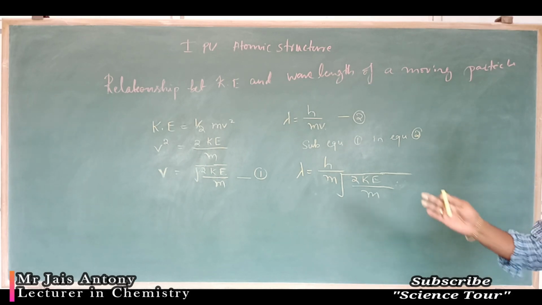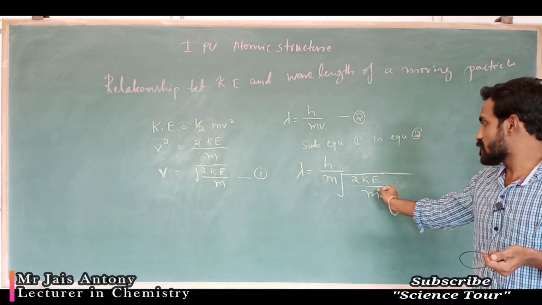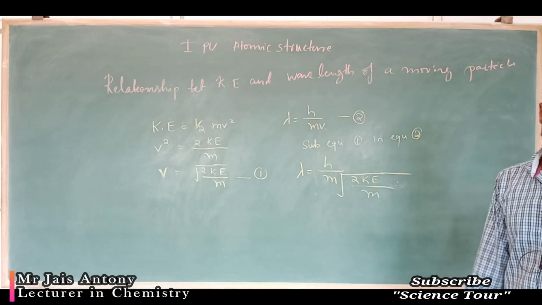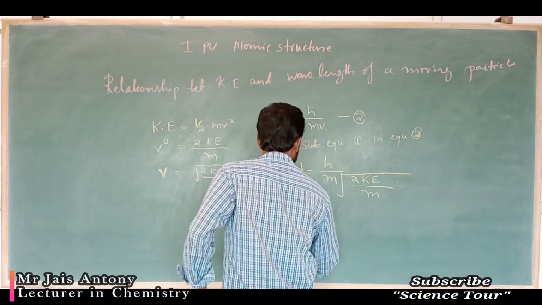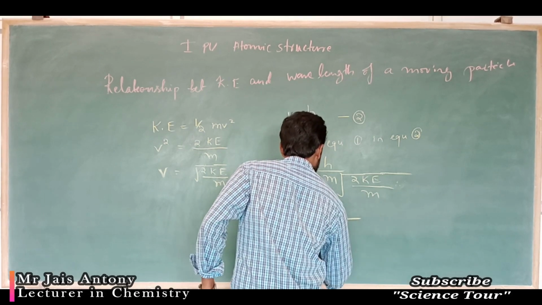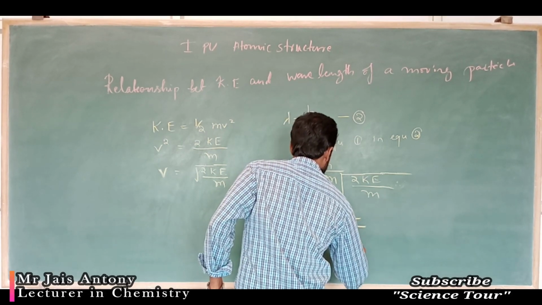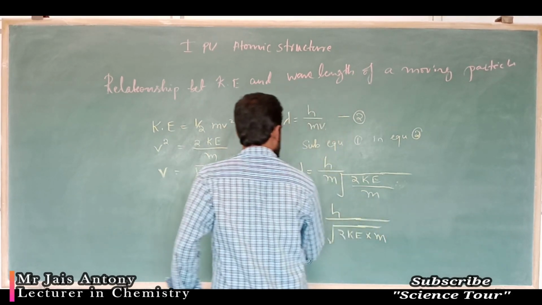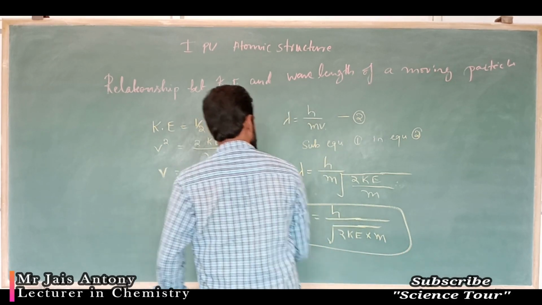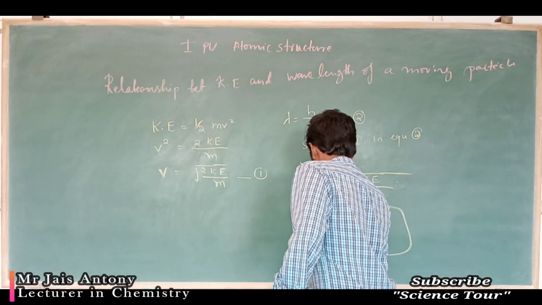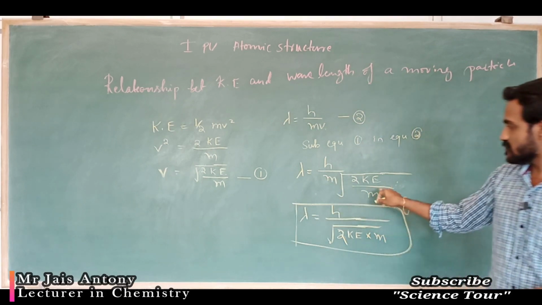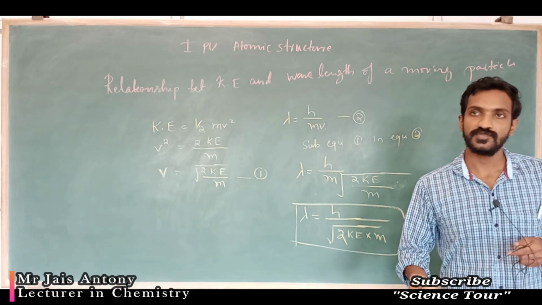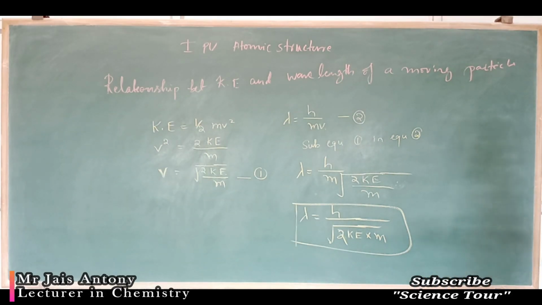Now the square root is there, so m is m square under the root; if you take one m outside it becomes m square, correct? So one m and another m get cancelled, and it gives lambda is equal to h divided by the square root of 2 kinetic energy into m.